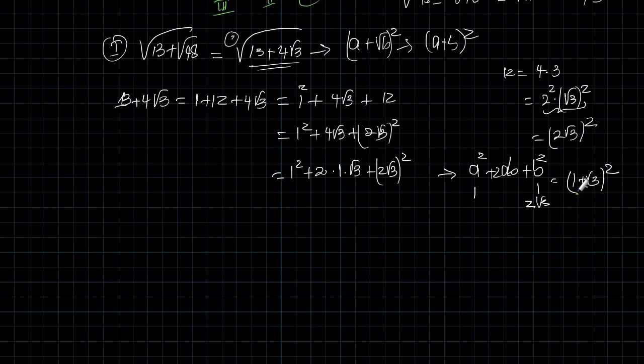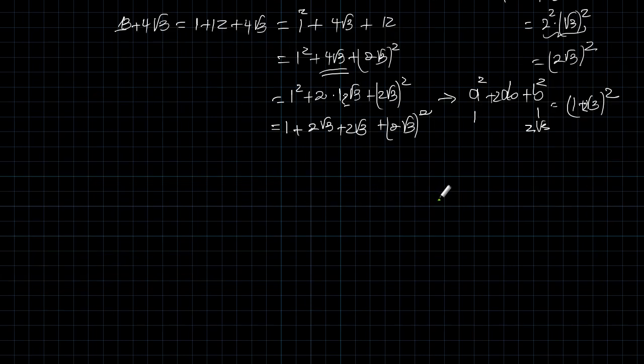But we're going to come to this point by factorizing. So we're going to have 1 plus, and so I missed a 2 right here: 2 square root of 3. So this is going to be 2 square root of 3 plus 2 square root of 3, which returns 4 square root of 3, plus 2 square root of 3 squared, which is 3 times 4.